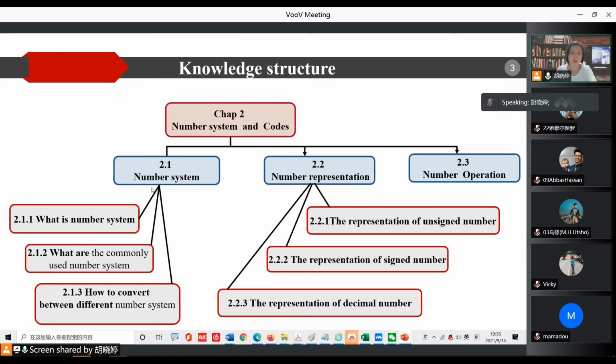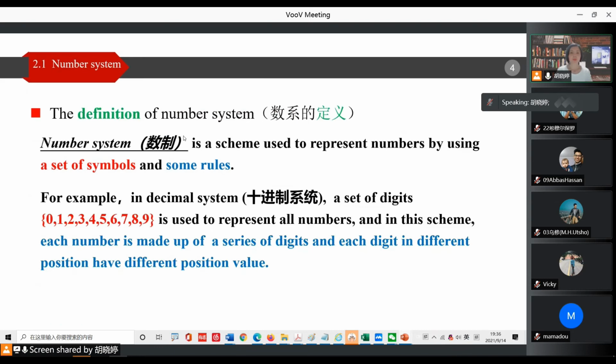Okay, so now we will start from number system. Here is the definition of number system. A number system is the scheme used to represent numbers by using a set of symbols and some rules. So please understand that sentence.